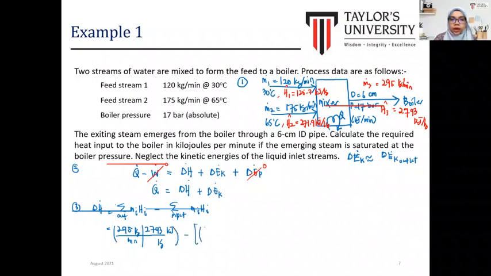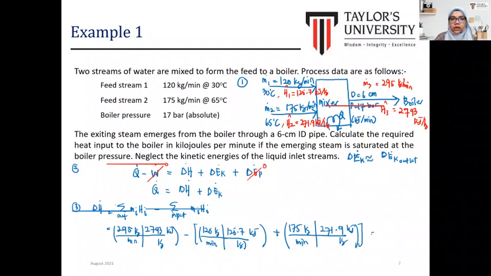And then minus, we have 120 kg per minute times 125.7 kilojoule per kg, and we have 175 kg per minute times 271.9 kilojoule per kg. And then the answer is delta H is 7.61 times 10^5 kilojoule per minute.